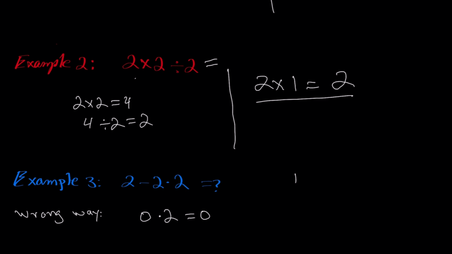If we do it the right way, we will take care of the multiplication first. We write 2 minus as it is, and 2 times 2 is 4. So 2 minus 4 will give me minus 2. That is how it should be written.